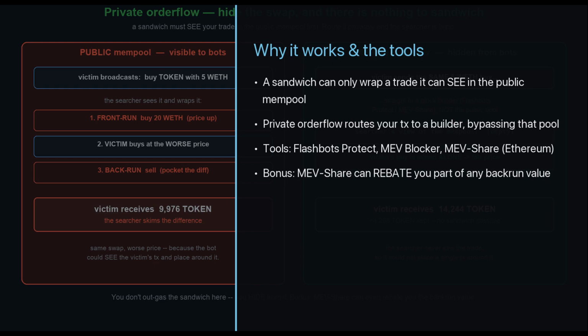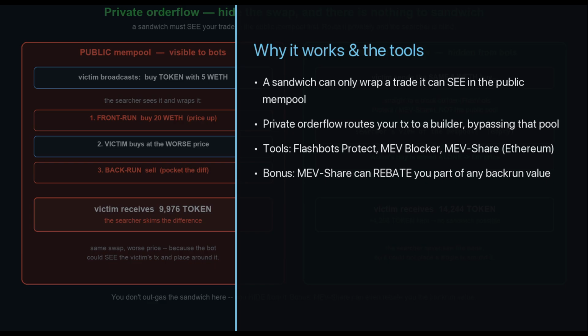So why does this work and how do you use it? A sandwich is fundamentally a reaction. It can only place trades around a swap it can see coming in the public mempool. Take that visibility away and the whole attack has nothing to grab. Private order flow does exactly that, routing your transaction to a block builder instead of broadcasting it. In practice, you use services like Flashbots Protect, MEV Blocker, or MEV-Share.